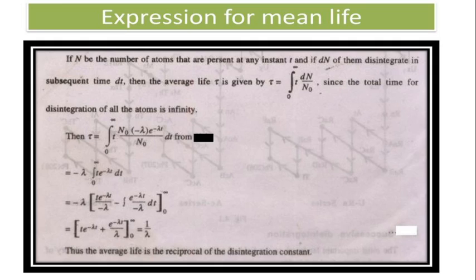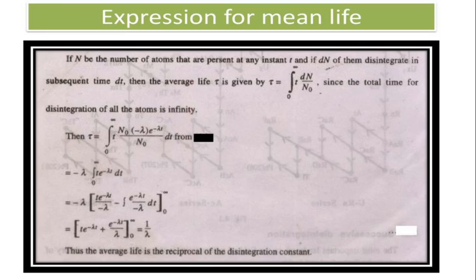See, we write tau as follows. dN is the number of nuclei disintegrated in a time dt. So the total time is t. So t into dN is the numerator, divided by the total number of nuclei. That is N0, the total number of initial nuclei, isn't it? So t into dN gives you the total time, divided by the total number N0.